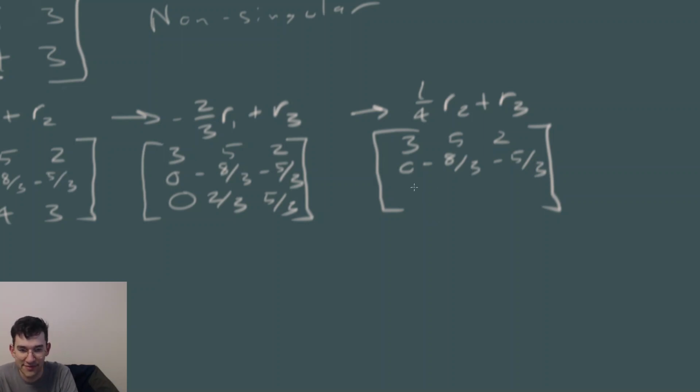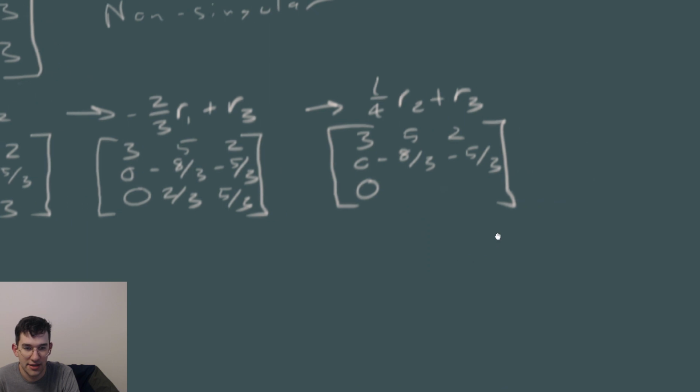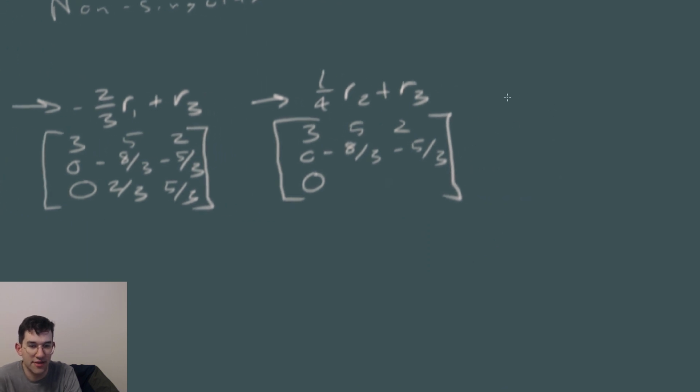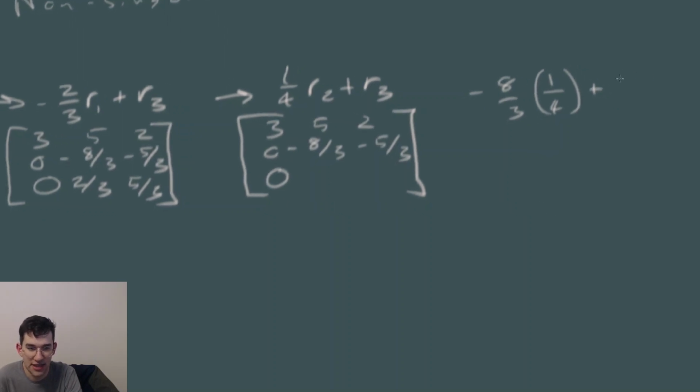But so we have negative 8 thirds R2. Yeah, 1/4 times negative 8 thirds. I wrote this in the wrong order, but it's still fine. Multiplication is commutative.